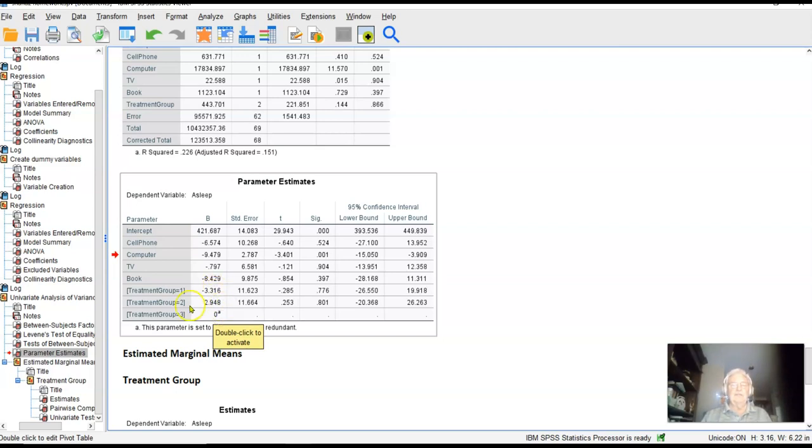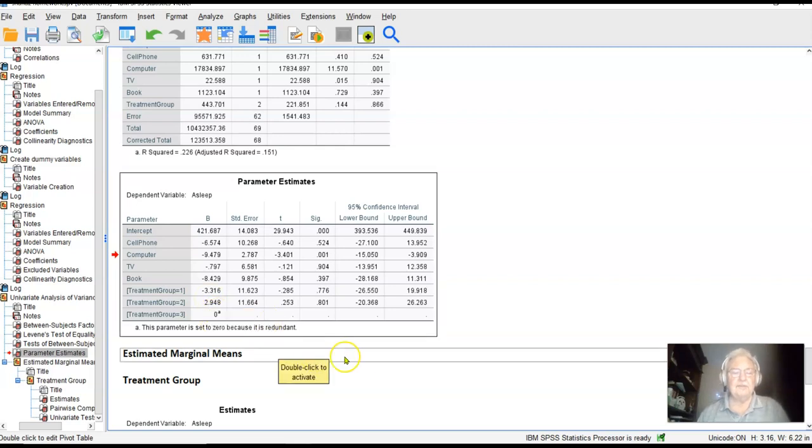So if you have 3 groups, you only need 2 dummy variables, because it's 1, 0, 0, 1, or 0, 0. Those are how the 3 groups are defined. And the ones that are 1, 0 or 0, 1 are relative to the one that is 0. That's what those coefficients are relative to. So the control group has 3 minutes less than software, and the blue blockers have 2 minutes less.